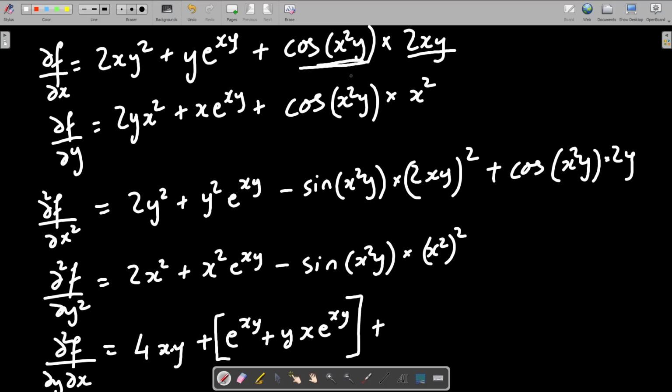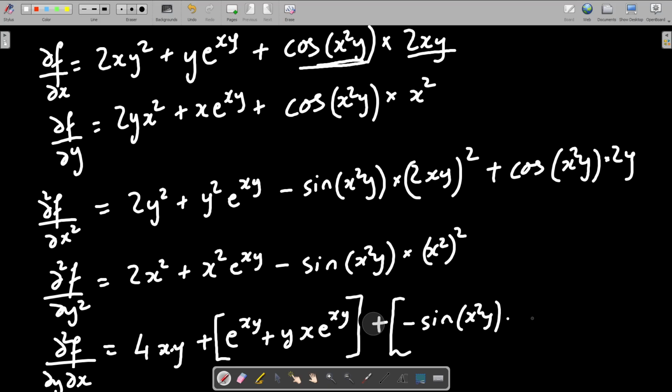Next, the derivative of the remaining terms. Again, there is a y here, so it's going to be a product of two. The product rule will have to be applied. So the derivative of cos is going to give you minus sine x²y into 2x.